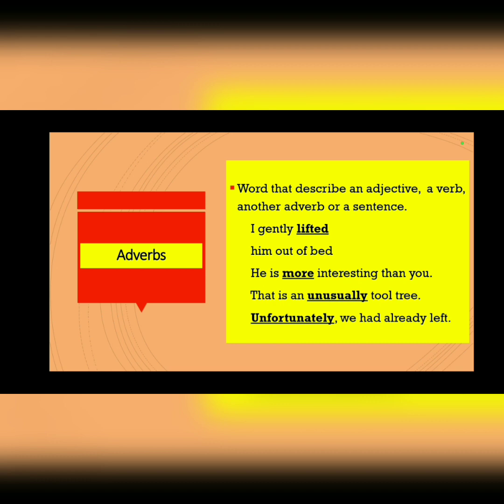Have a look at these examples. I gently lifted him out of bed. Here the adverb is describing a verb. He is more interesting than you. That is an unusually tall tree.